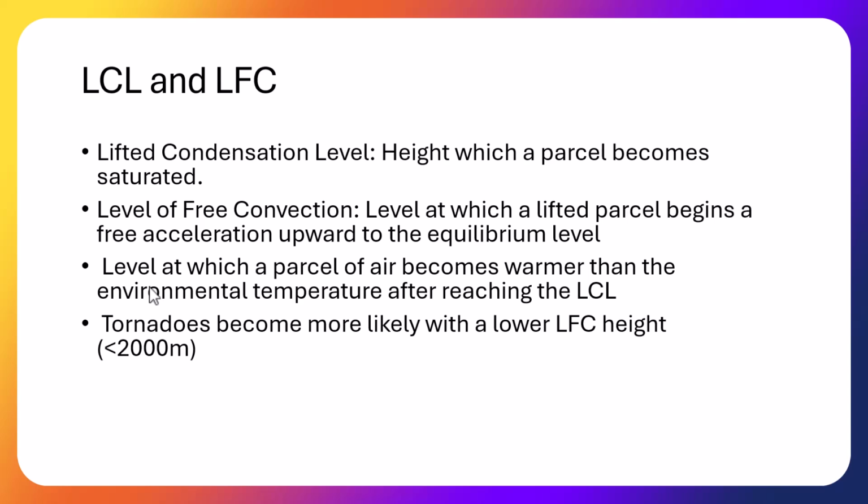Tornadoes are more likely with a lower LFC height on a sounding. A lower LFC height essentially means more CAPE, more instability, because that parcel is able to rise faster, and it's able to rise more and higher in the atmosphere.